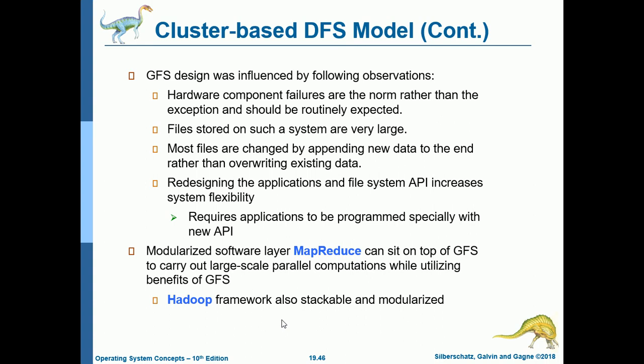Redesigning the applications and file system API increases system flexibility, though it requires applications to be programmed especially with a new API. Then a modularized software layer, MapReduce, can sit on top of GFS to carry out large-scale parallel computations while utilizing the benefits of GFS.